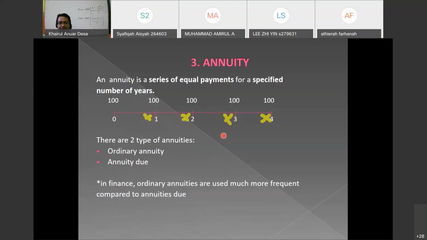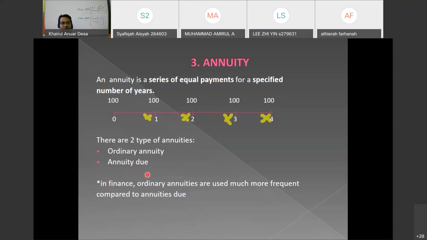Our monthly salary is normally paid at the end of the month. Tak kira lah sama ada we are the employer or we are the employee, normally in Malaysia practice, we pay the salary at the end of the month. Sama ada kita adalah pekerja atau majikan, biasanya pembayaran berlaku pada hujung bulan. Good.